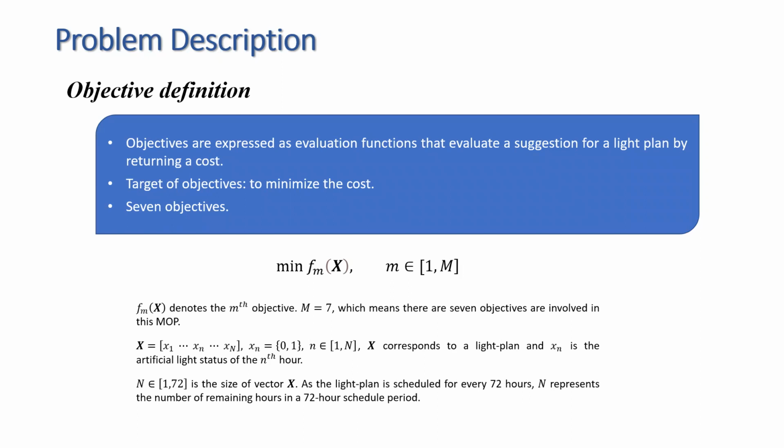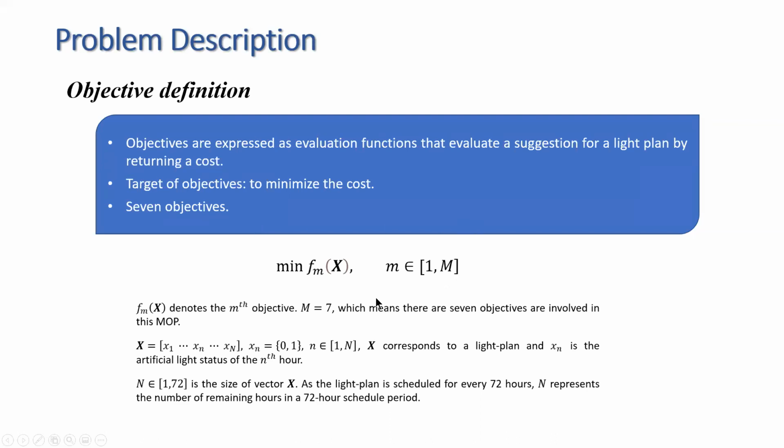And the artificial lighting optimization problem can be abstracted as 7 objectives. And all of these objectives are described as evaluation functions like this equation. And all of these evaluation functions can evaluate a suggestion for a light plan by returning a cost.